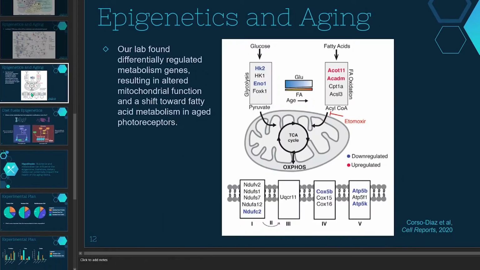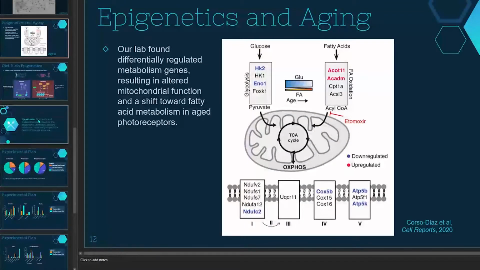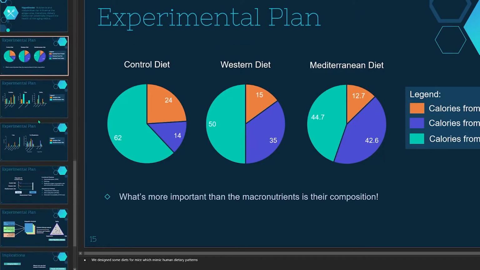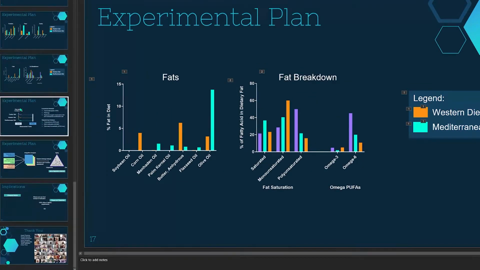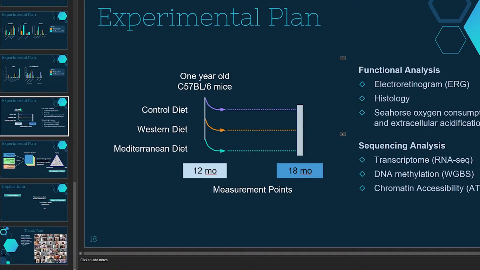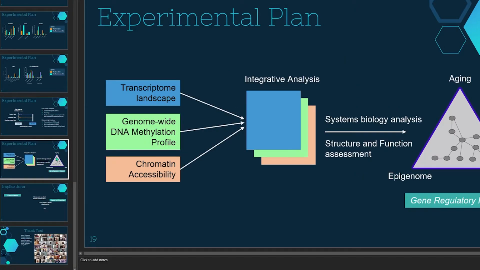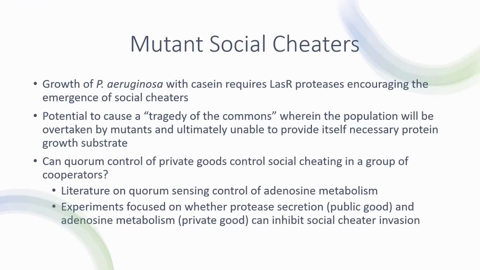So the experiments in this publication were focused on whether protease secretion, LasR protease secretion, which is the public good, and adenosine metabolism, which is the private good, can inhibit social cheater invasion.